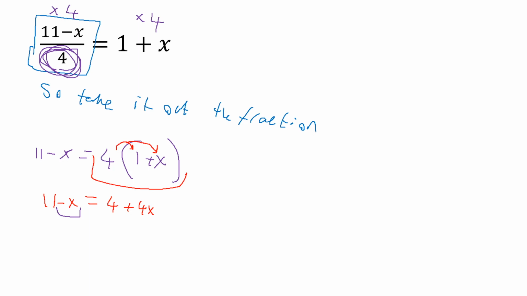How are we going to make this minus x equal to 0? We're just going to plus x on both sides. So we're left with 11 is equal to 4 plus, now what is 4x plus x? 4x plus x is simply equal to 5x.